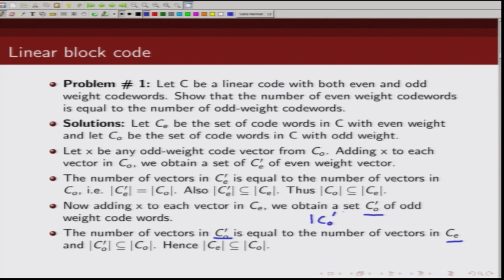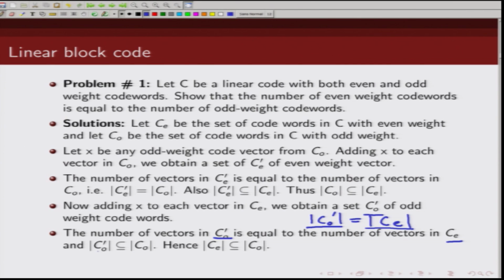C_O prime is equal to this. The set of code words here is the same as the set of code words here. Now, we know that C_O prime is a subset of the set of odd code words.